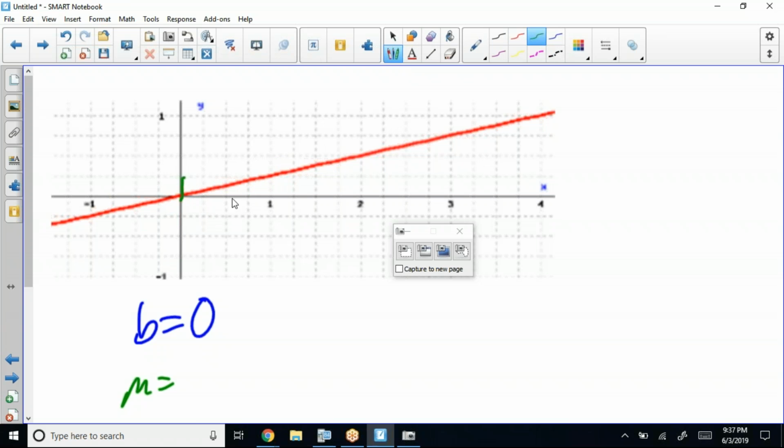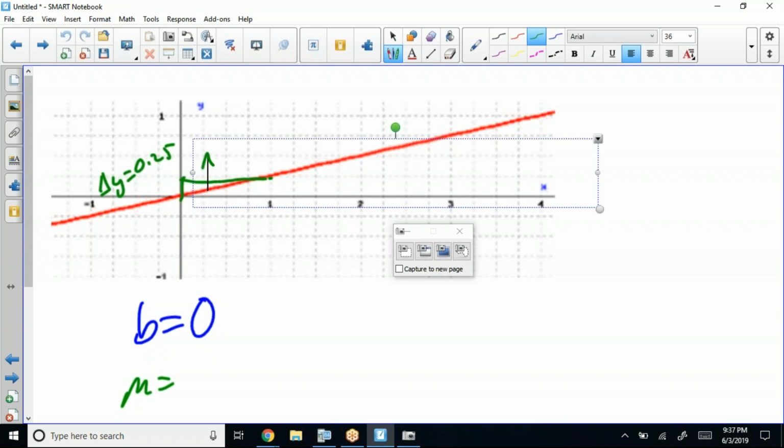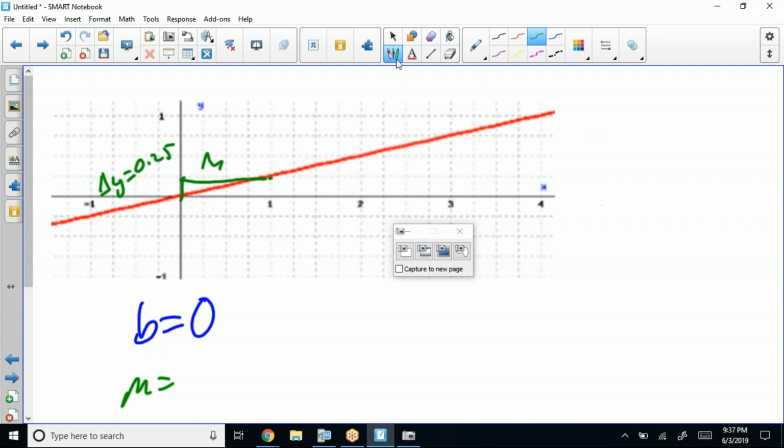All right, so we're going up and over, right? The change in y is 0.25, and the change in x is 1. So the slope would be 0.25 over 1, which is just a quarter, right?